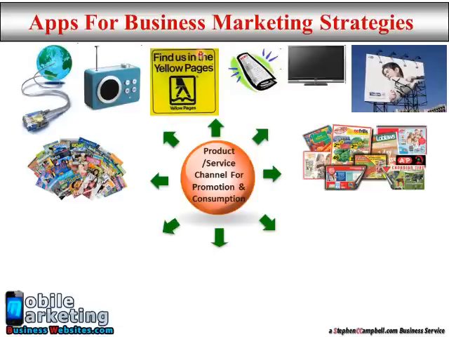Part of the reason why they're so small in size and there's been a decline in yellow page advertising is largely, of course, because of use of the internet. So we'll talk about that more because this is in line with apps. You've got your magazines, radio, newspapers, TV, billboards and flyers, which you can all use as channels to actually promote your products and services.